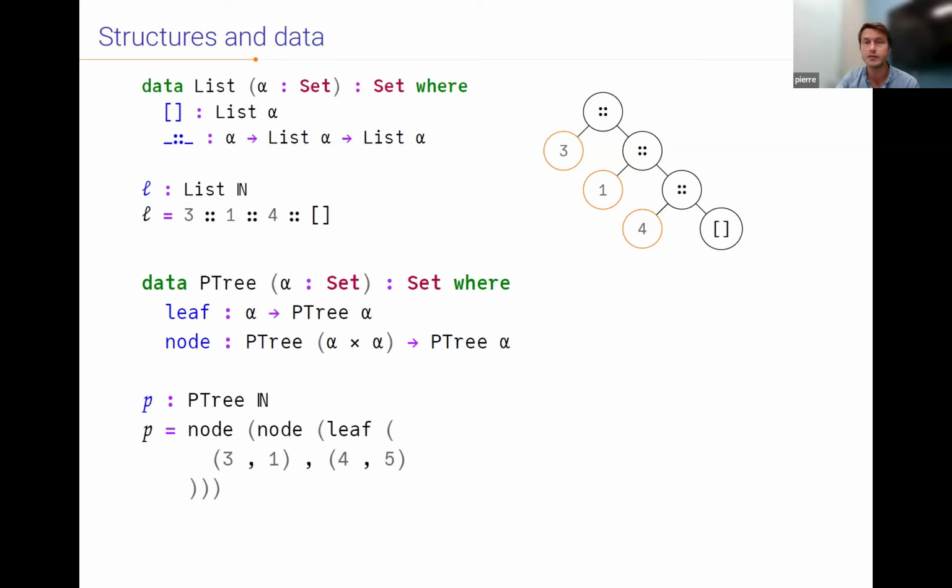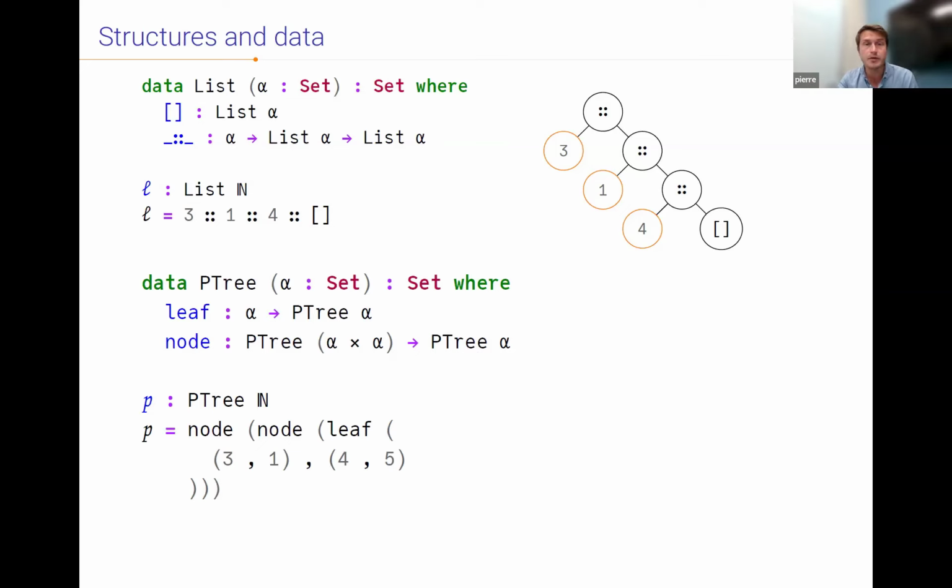But you can see a key difference with the first example that was list, which is that to define a PTree of type alpha with node, I need a PTree of type alpha cross alpha. So I need to access another instance of the type family to define a PTree of type alpha. Because of that, I need to define the family as a whole and not instance by instance. And I will come back to that point later on, so keep that in mind.